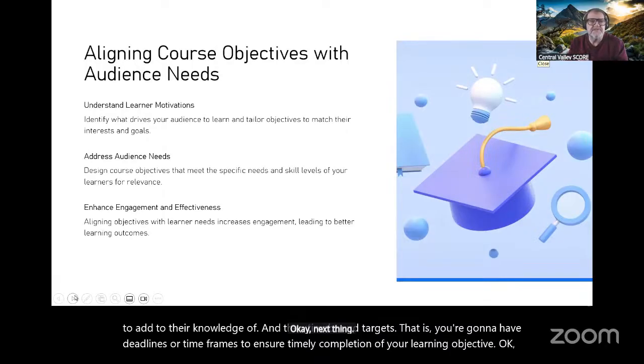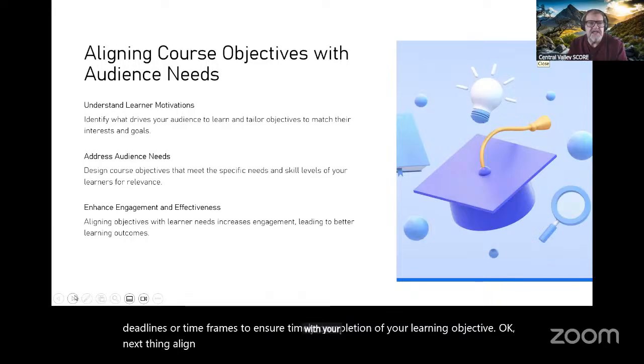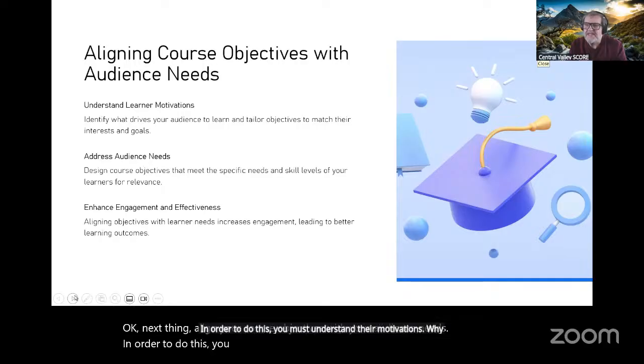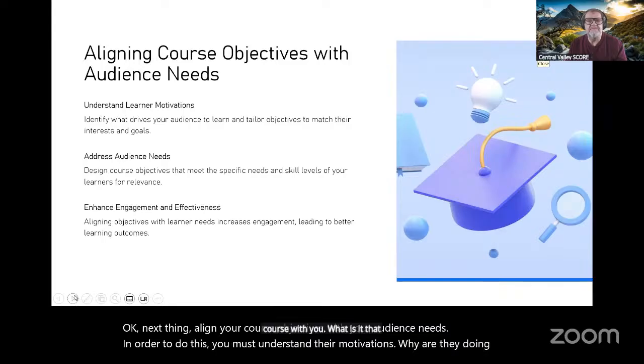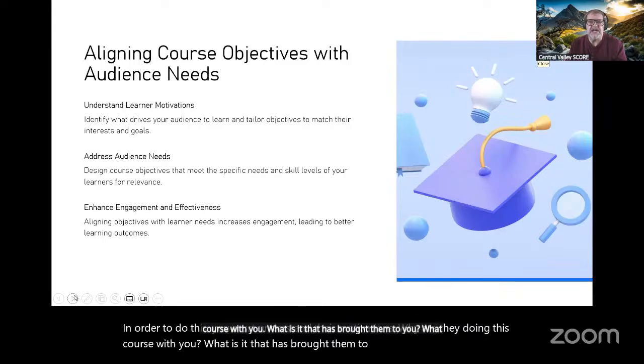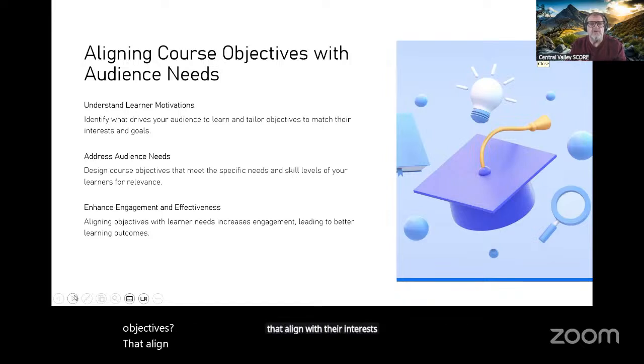Okay, next thing. Align your course objectives with your audience needs. In order to do this, you must understand their motivations. Why are they doing this course with you? What is it that has brought them to you? What are their personal objectives that align with their interests and their goals? Then you need to really try to understand beyond their motivations, their needs.